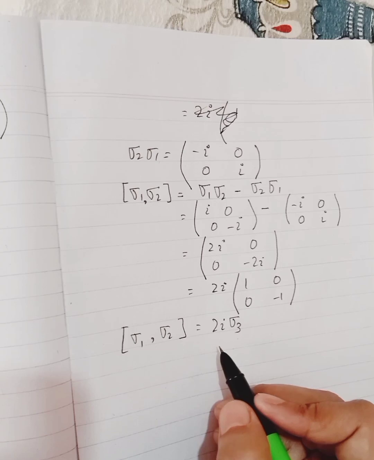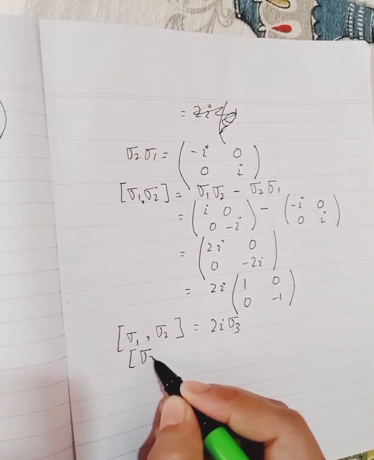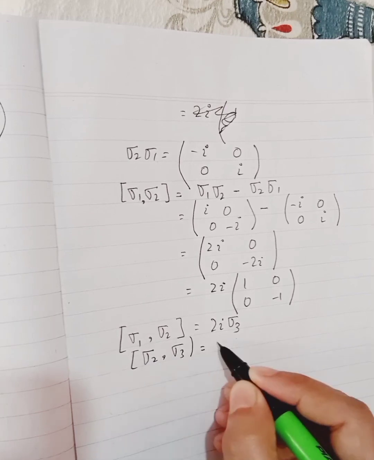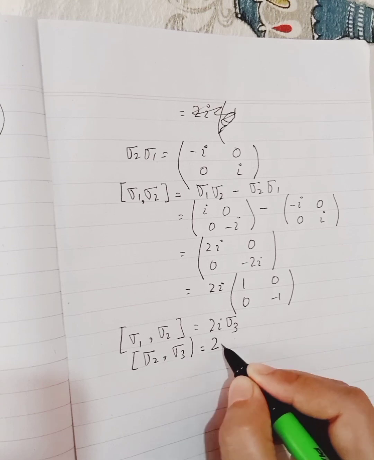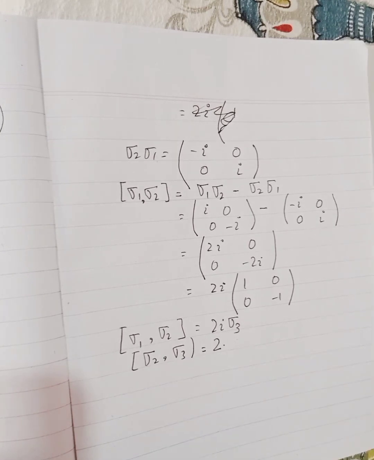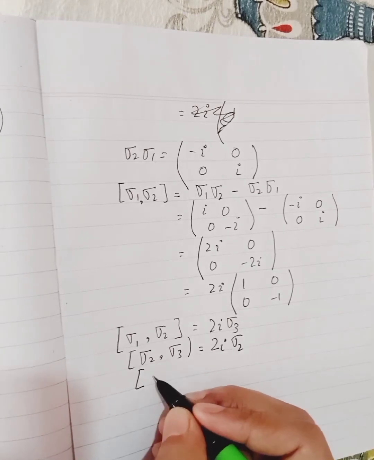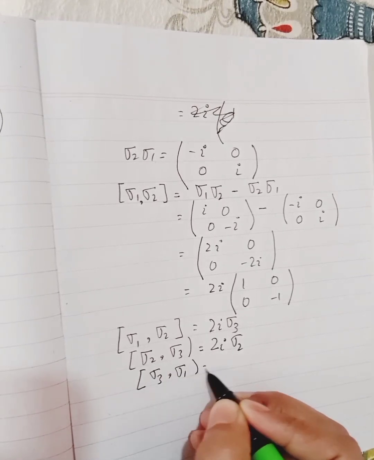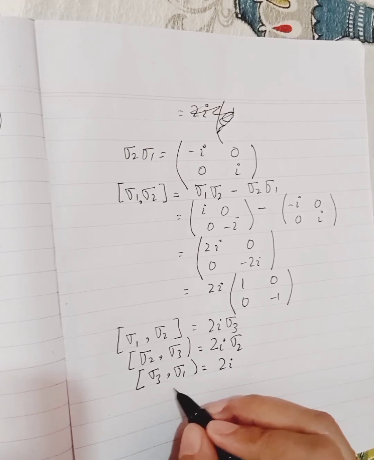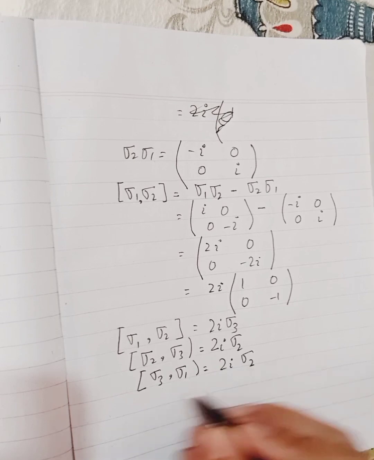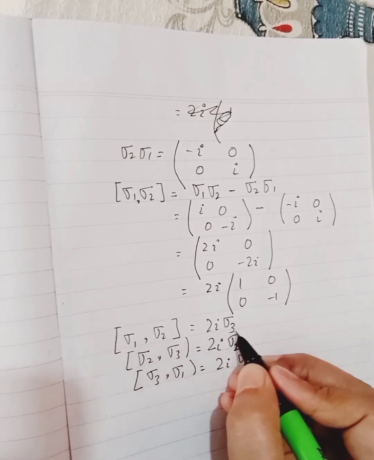Now we can write this: [sigma 2, sigma 3] is equal to 2i sigma 1, [sigma 3, sigma 1] is equal to 2i sigma 2, [sigma 1, sigma 2] is equal to 2i sigma 3.